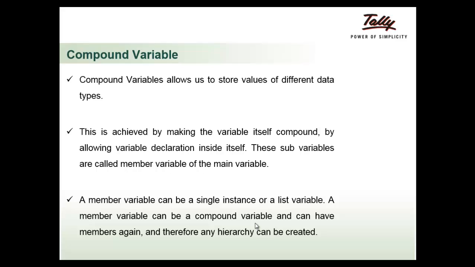This is achieved by making the variable itself compound, using the variable attribute of the variable definition. The variables of a compound variable are known as member variables, and the variable itself is known as the main variable. These member variables can be either single instance or of list variable type.